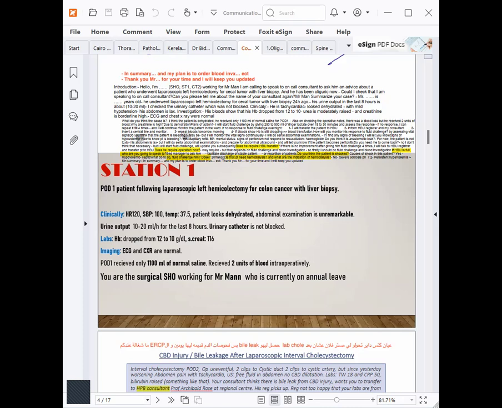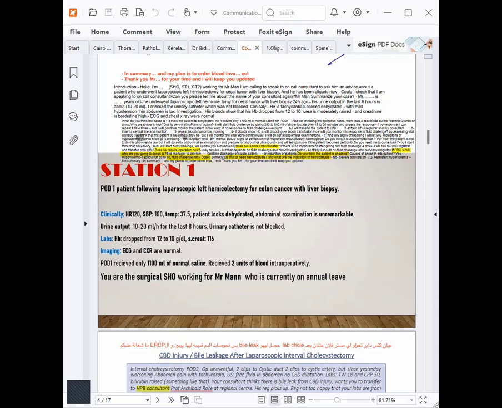You didn't tell me what is the problem of your patient. Very good question. He looks dehydrated and oliguric, on 10 ml per hour. I checked his catheter, it's not blocked.